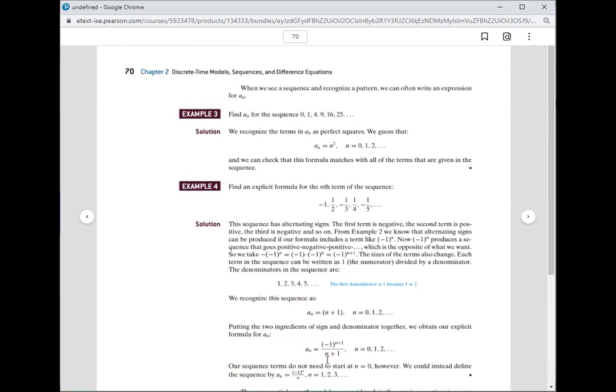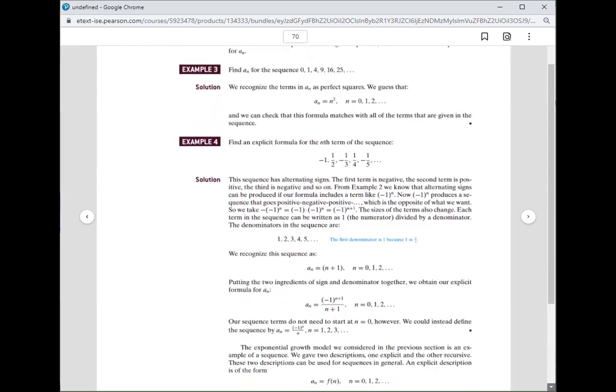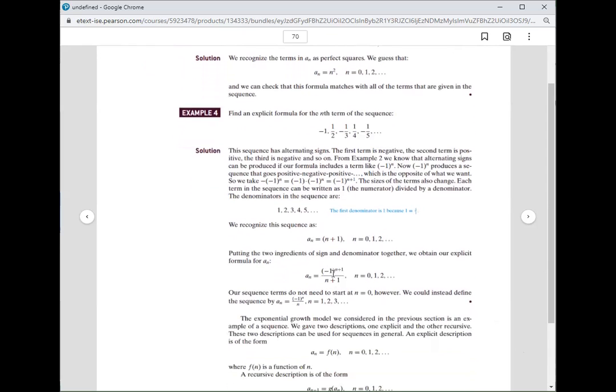And then here you have 0 plus 1, so you get 1 here, and negative 1. And you can continue, you can see this formula represents this sequence.